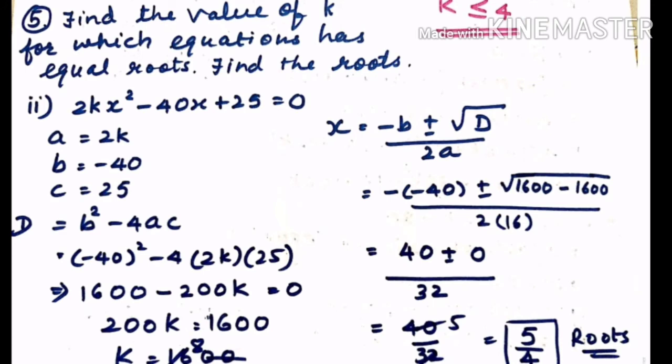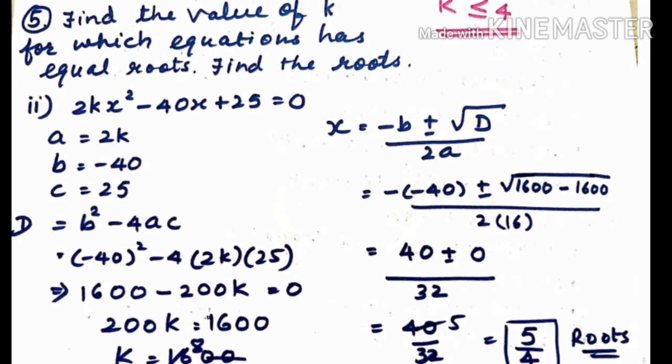Now it is equal to minus 40 plus or minus. Now you see, we already got the value of k, that is 8. So now you place it in our step 1600 minus 200k is equal to 0. 200 into 8 becomes 1600. So 1600 minus 1600 becomes 0. Already we know that our discriminant is 0.